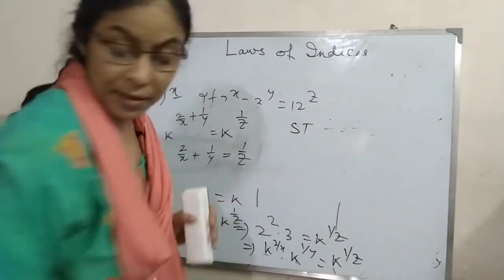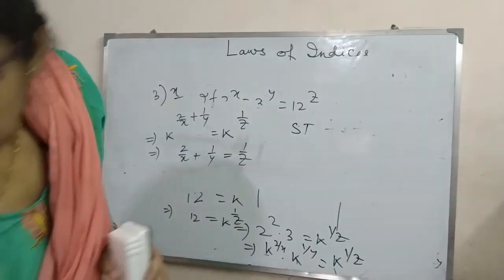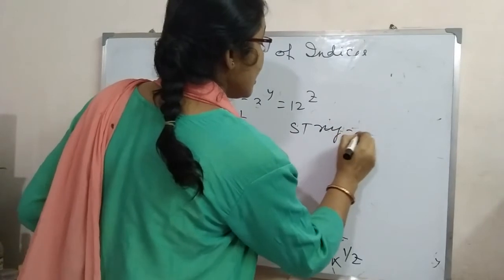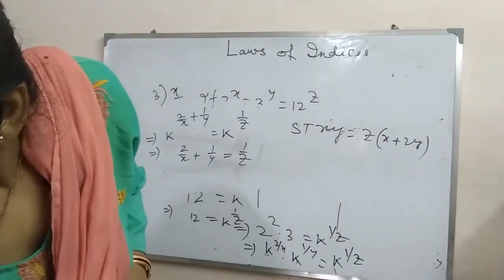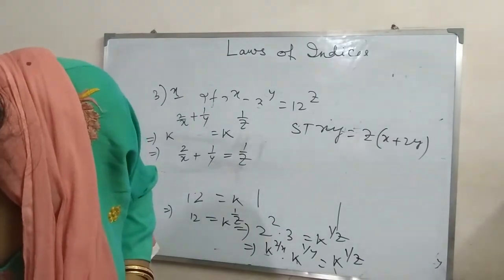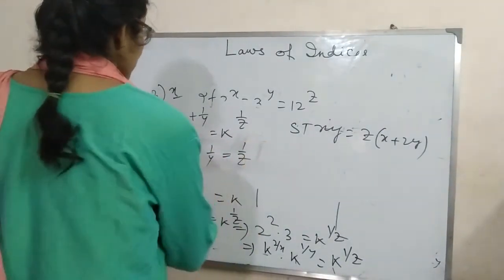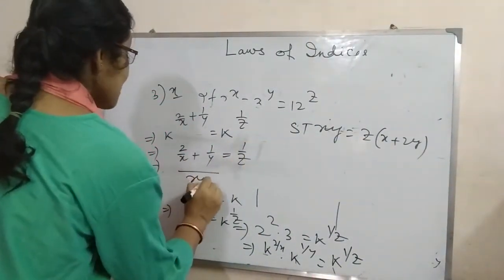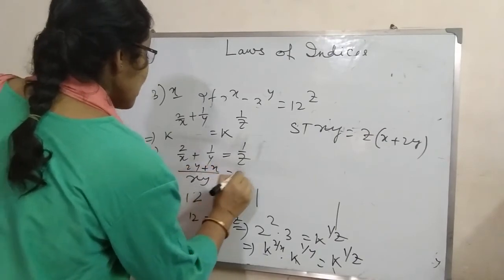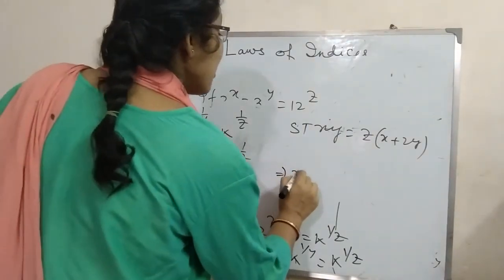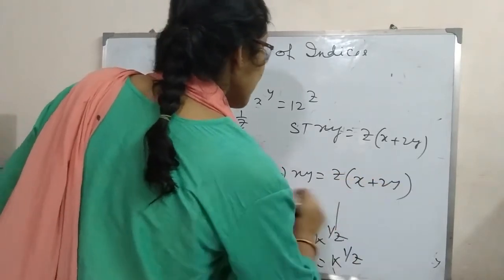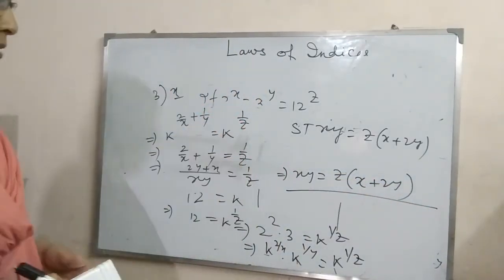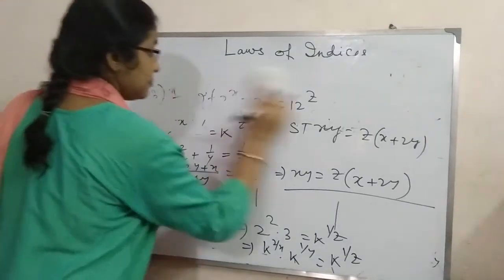So that here we show that xy equal to z into x plus 2y, that is xy equal to z into 2y plus x. Therefore xy equal to z into x plus 2y, and I will get the answer.